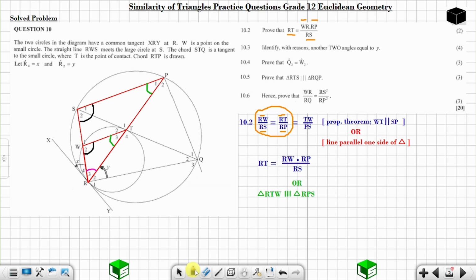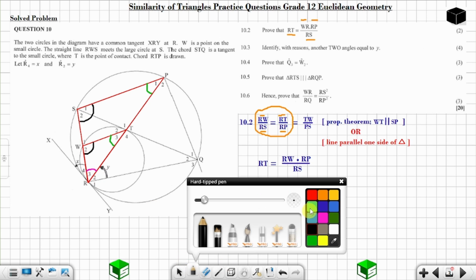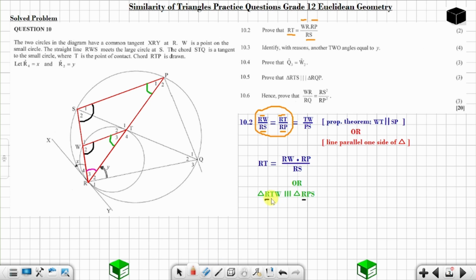So the angle at R in this triangle is equal to the angle at R in another triangle. This is a common angle, and you have angle at T in one triangle equal to angle at P in another triangle.